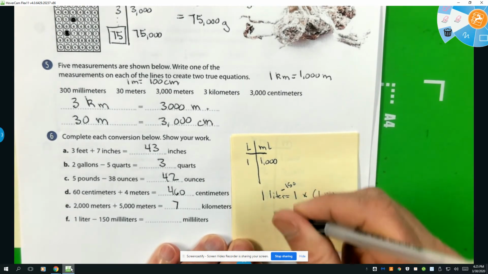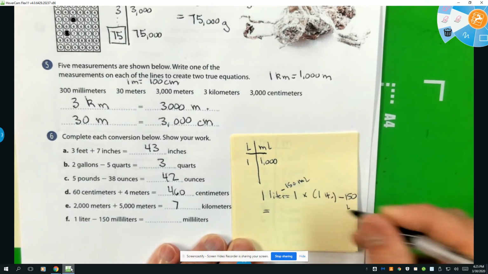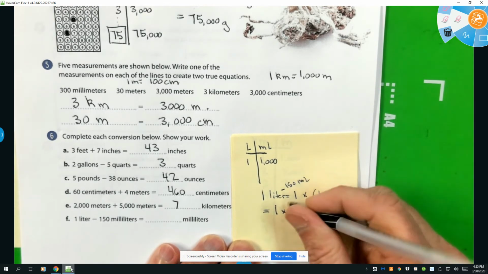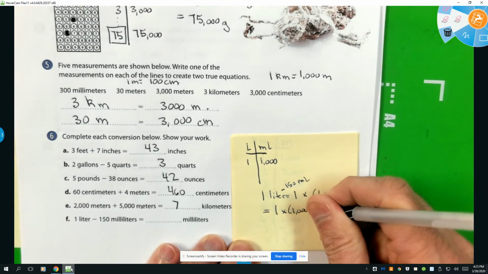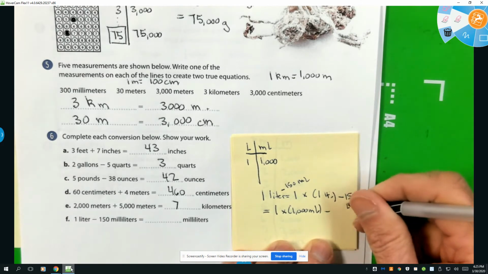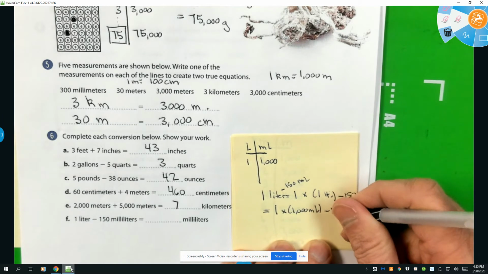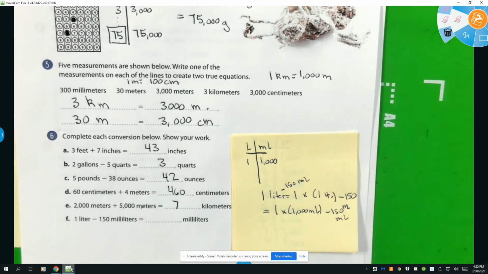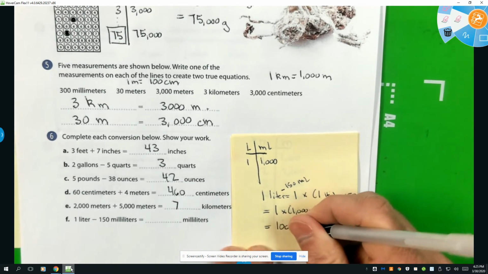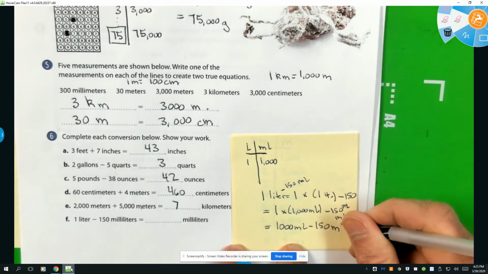So now, that's the same as saying 1 times, what's our conversion for 1 liter? 1,000 milliliters minus 150 milliliters, and that wasn't supposed to be liters up there, I'm sorry, milliliters. My bad on that one. So that leaves me with 1,000 milliliters minus 150 milliliters.